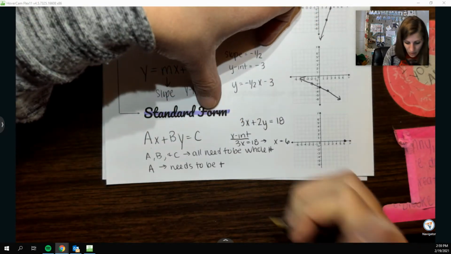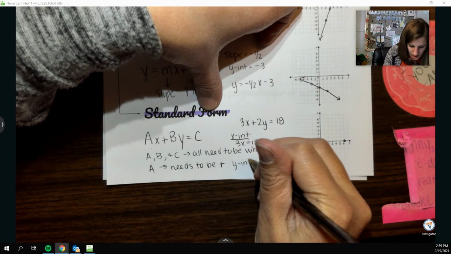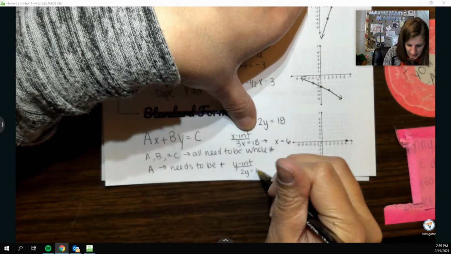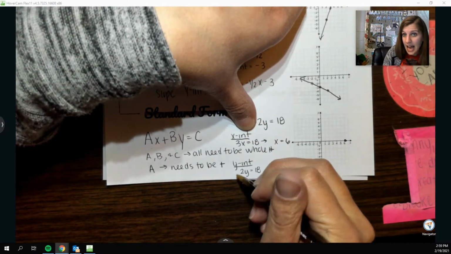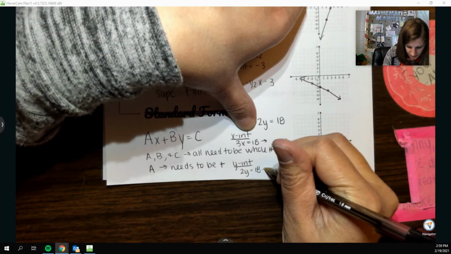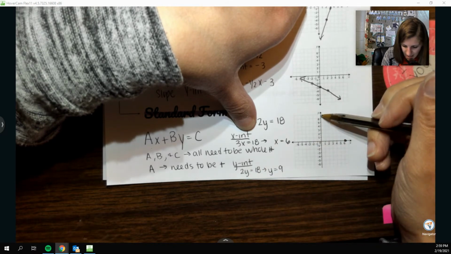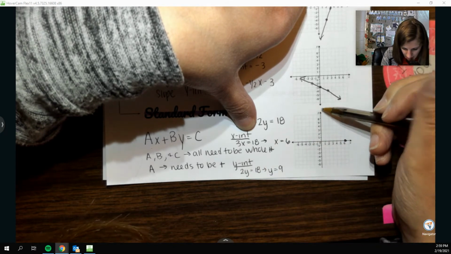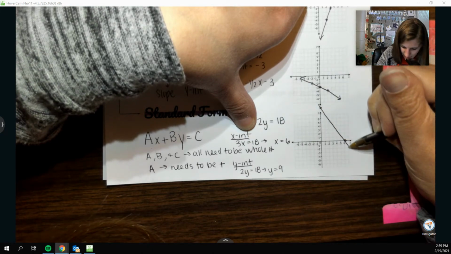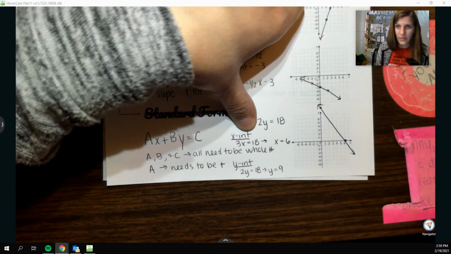Then if I wanted to find the y-intercept, I ignore x, and I write what's left, so 2y = 18, and if I solve for y, I divide by 2, and y is 9. So I go along the y-axis. 7, 8, 9. And then we connect the dots. Cute.